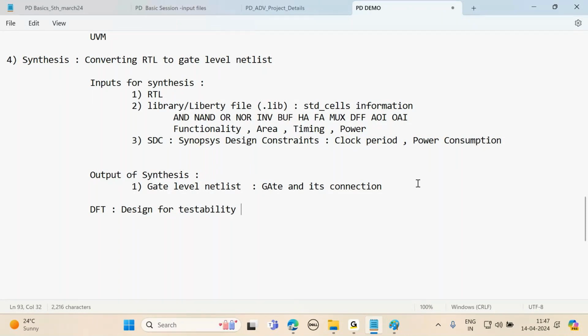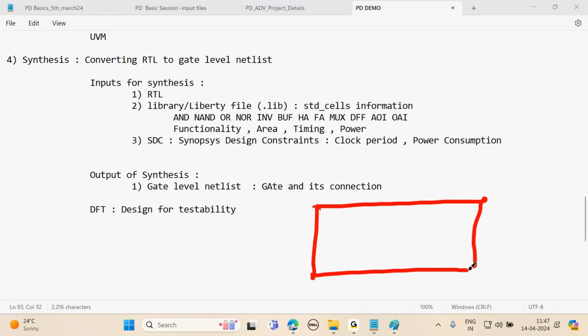After the IC is fabricated, the foundry has fabricated the IC. During fabrication, there is a chance that one metal layer is fabricated like this because it's in nanoscale, not in centimeter scale. So internally they are shorted.